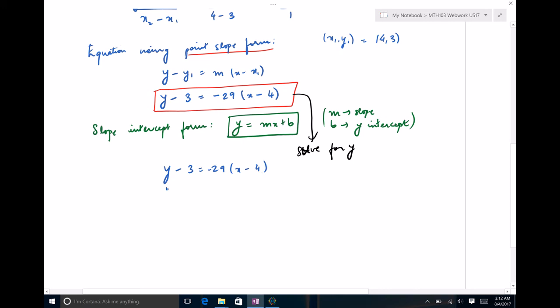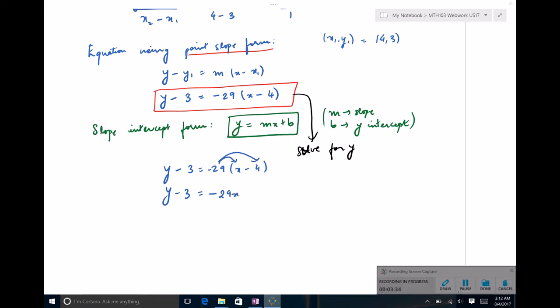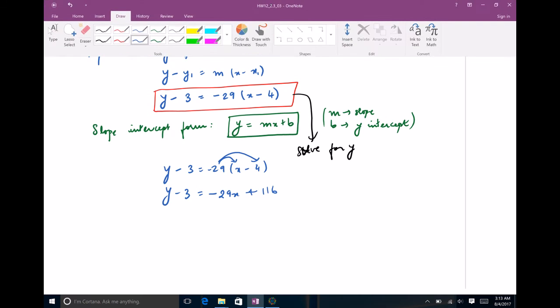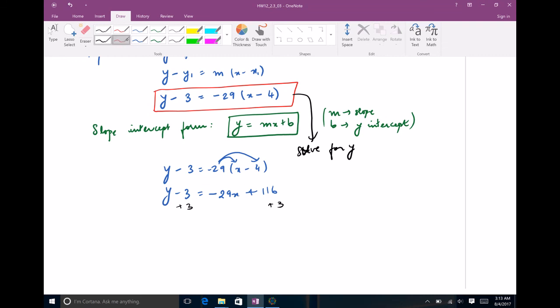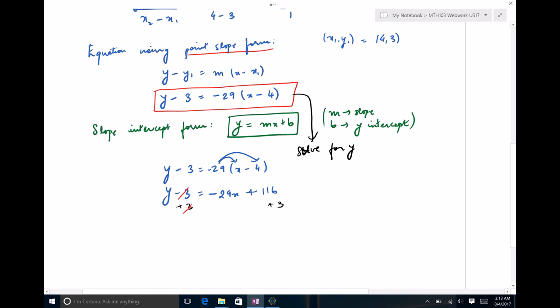First of all, I'm going to simplify both the sides of the equation. So I have y minus 3 equals, multiply negative 29 distributed to both the terms. So that's negative 29x. And negative 29 times negative 4 is positive 116. And I need to solve for y, remember? So I'm going to add 3 to both the sides of this equation so that from the left hand side I can cancel off negative 3, positive 3.